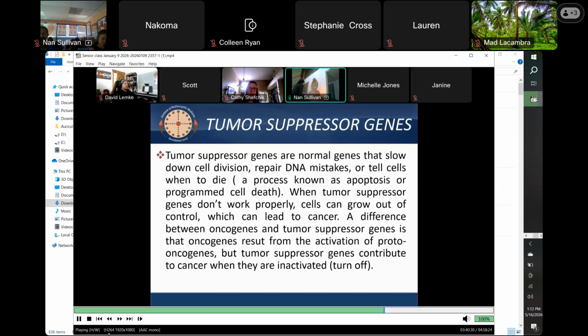When tumor suppressor genes don't work properly, cells can grow out of control, which can lead to cancer. A difference between oncogenes and tumor suppressor genes is that oncogenes result from the activation of proto-oncogenes, but tumor suppressor genes contribute to cancer when they're inactivated.